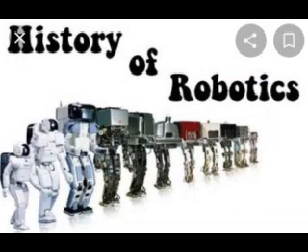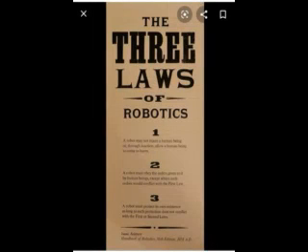Second one is the history of robotics. We see the history from the early days to now. First we see the laws of robotics. The laws of robotics were framed by Isaac Asimov.